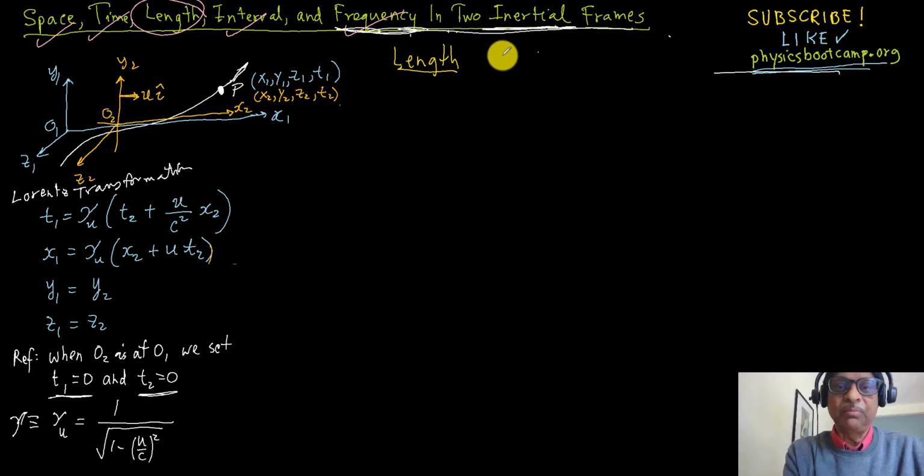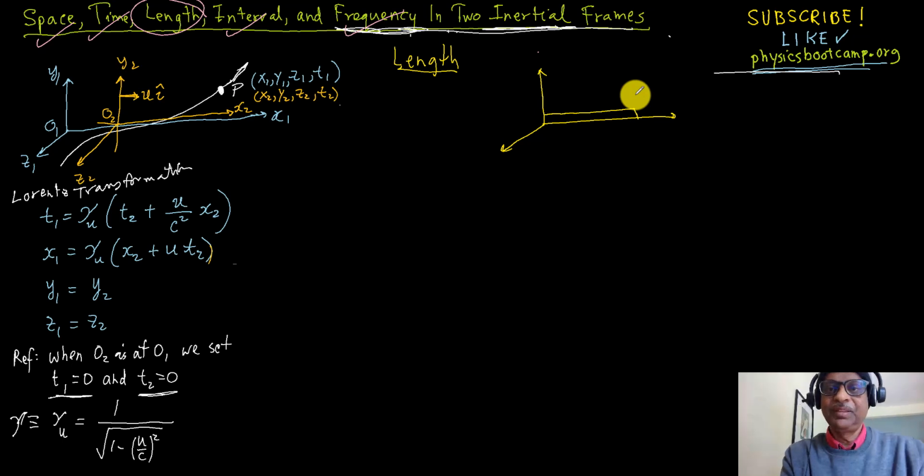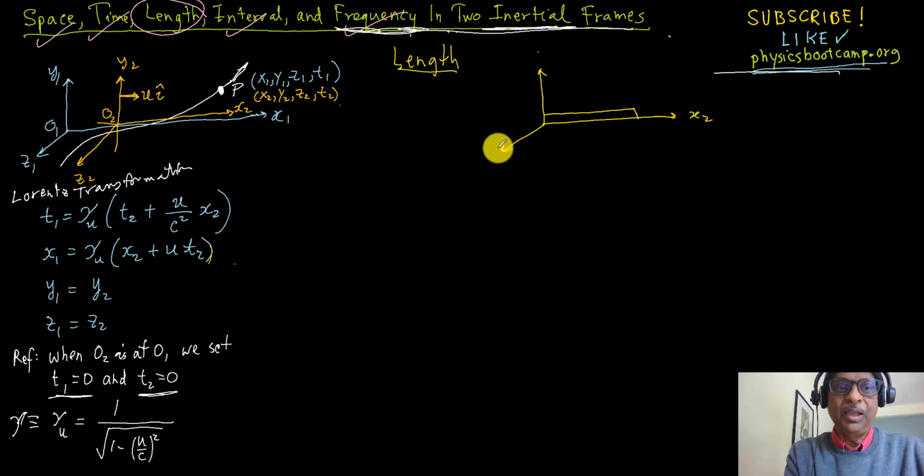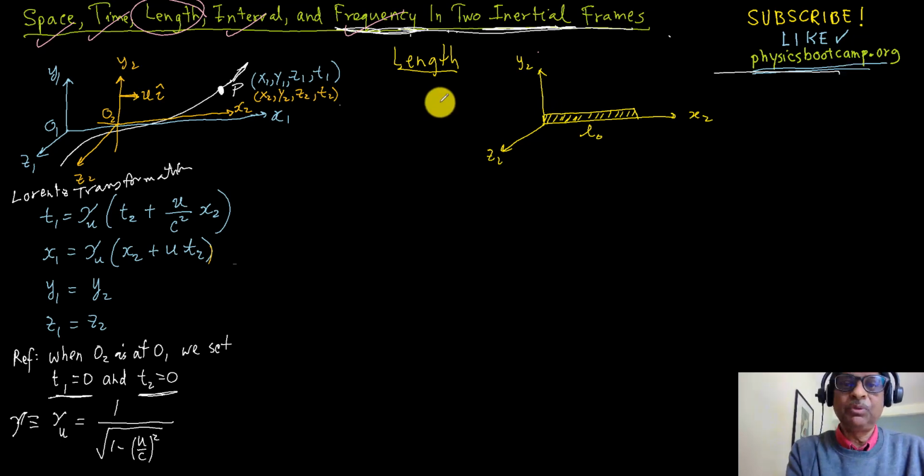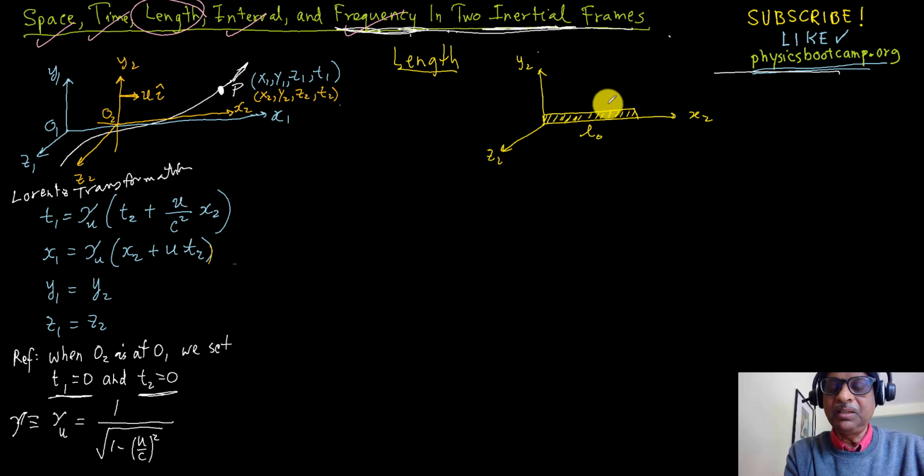Let's look at one frame, say frame number 2. We will attach it to frame number 2 again. Suppose we put a meter stick of some length L0. So this is x2, and this is z2 and y2, and it's attached to this, but it will move with respect to the other. Over here it's a rest frame.